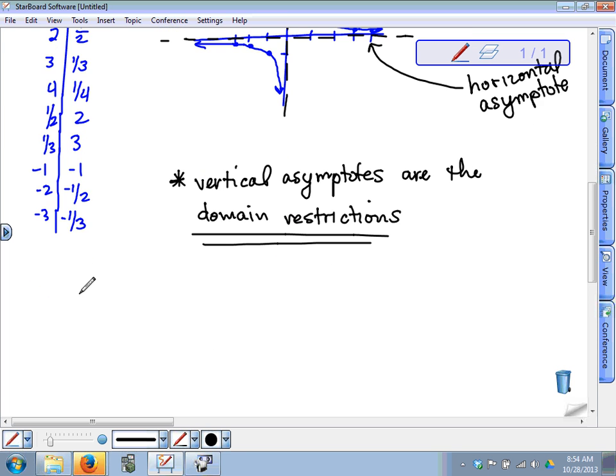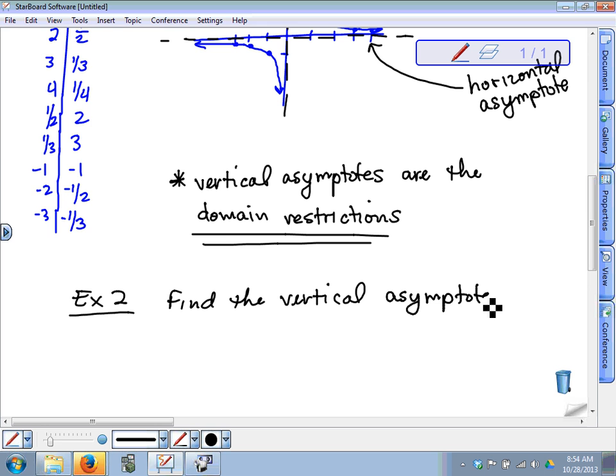So the only example we're going to have time for here is example 1. What I want you to do is to find the vertical... Was that example 1? Example 2, you're right. Find the vertical asymptote or asymptotes. There could be more than one.